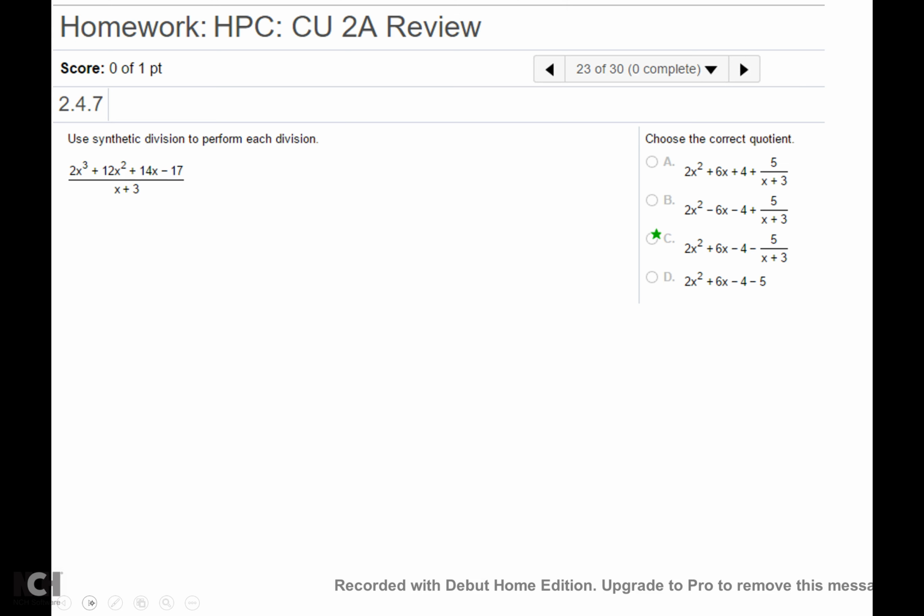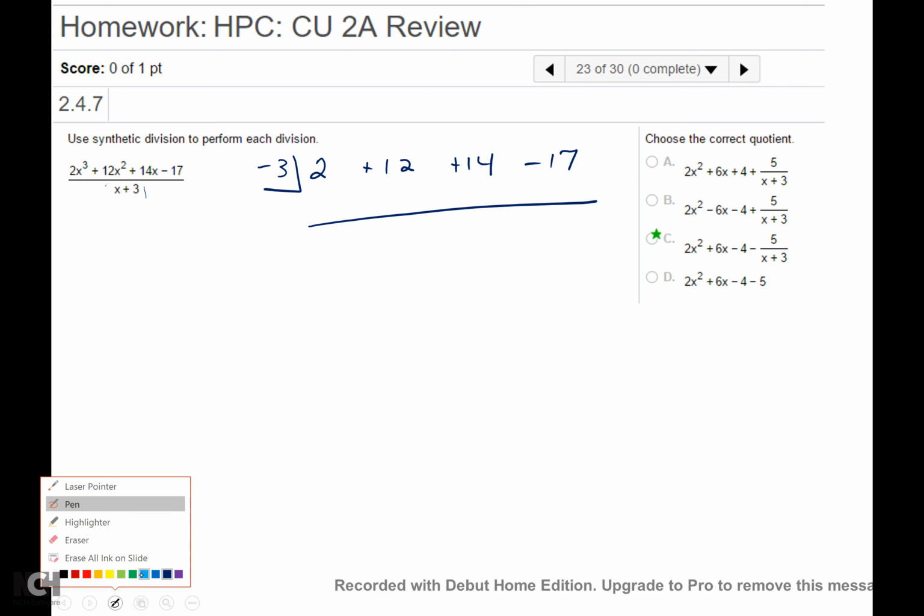In fraction form. Okay, use synthetic division to perform each division. To do synthetic, this would be a factor, so as a 0 I'd put negative 3 in the hole. My third degree coefficient, my second degree coefficient, my first degree coefficient, and my constant. This is the zombie apocalypse, remember?